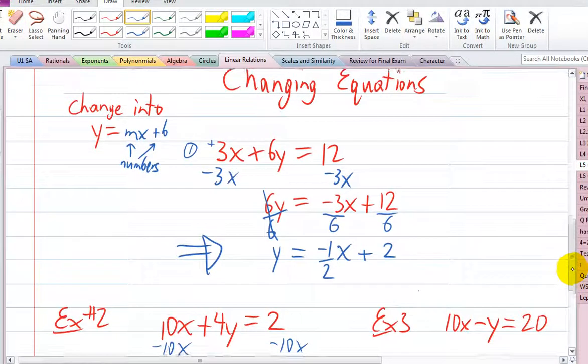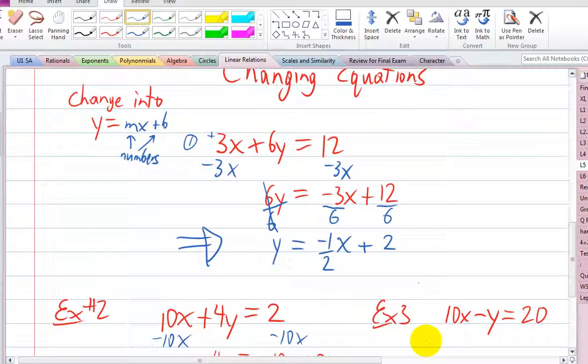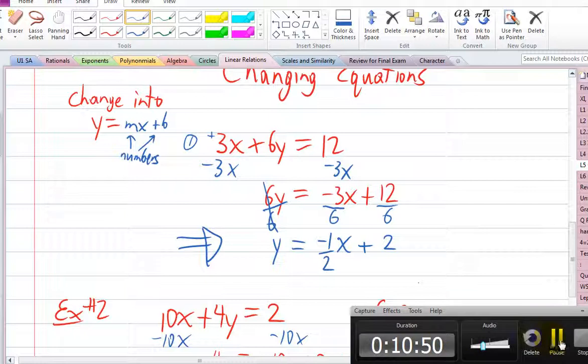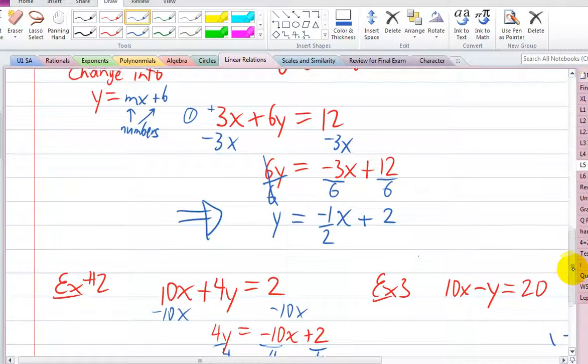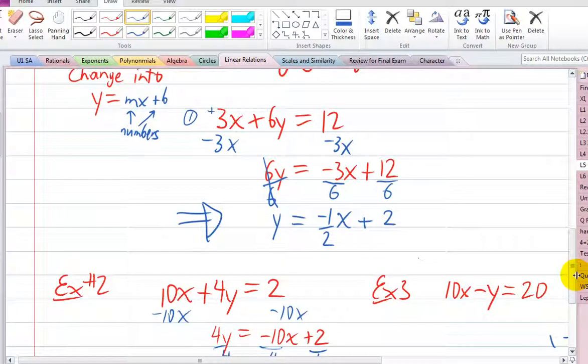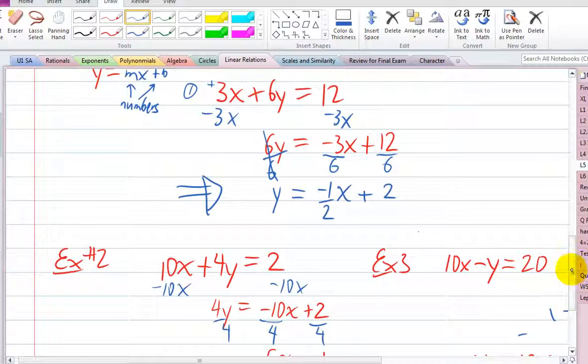So you minus 10x, both sides. And so you're left with 4y equals negative 10x plus 2. And how do we get rid of the 4? Divide them by 4. Remember, you're really technically dividing this entire side by 4.